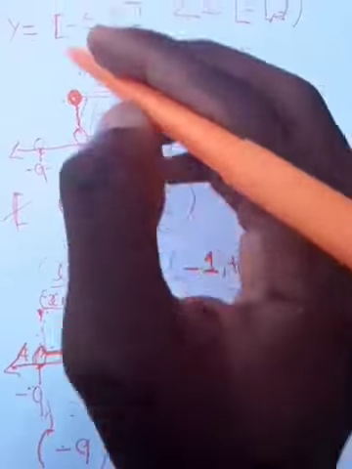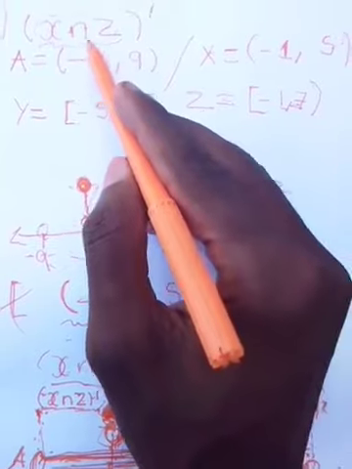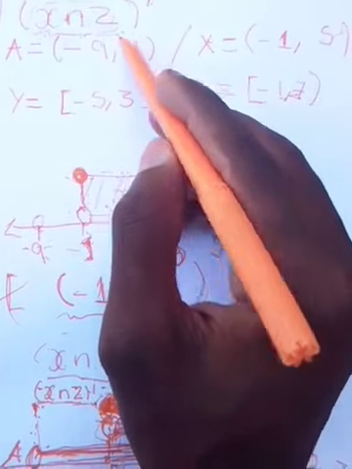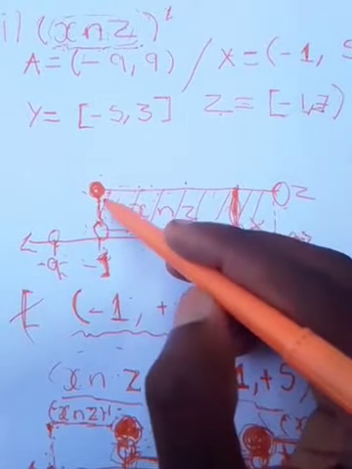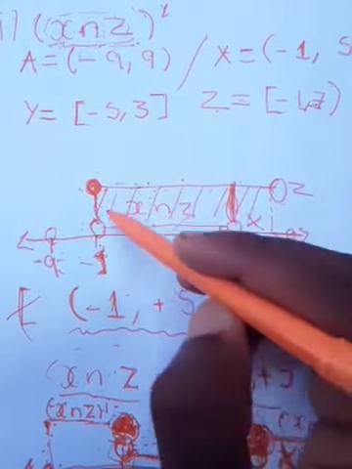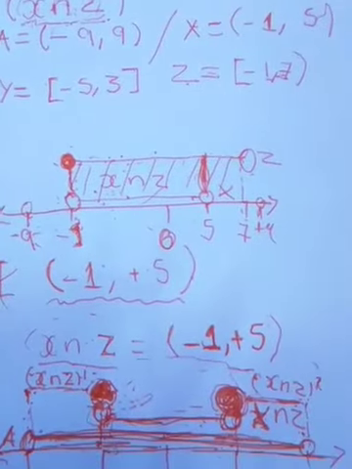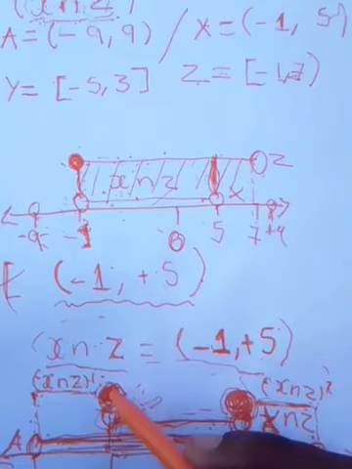So the first step, you're going to check, okay, I've been given x intersection z, now complement. Let me begin by first showing this on the number line. After I show it on the number line, I get the interval notation of the region which is representing this one, from a to a. And then, if you want, you can do the shortcut.